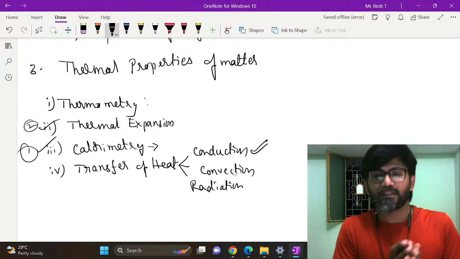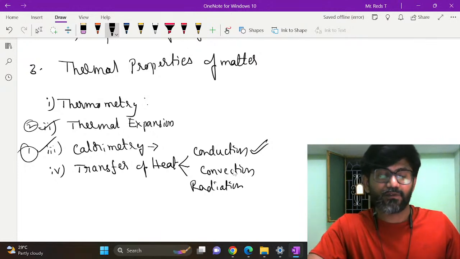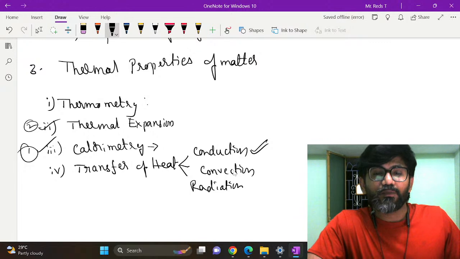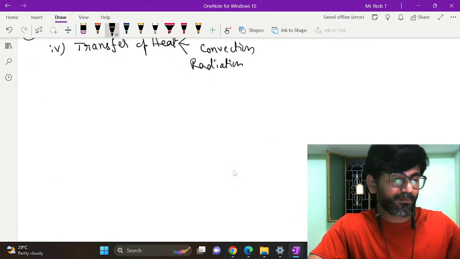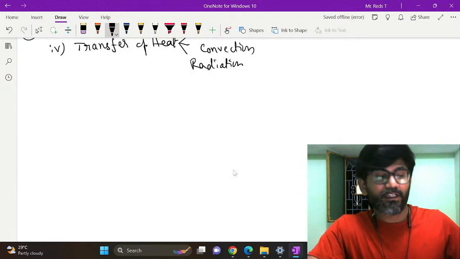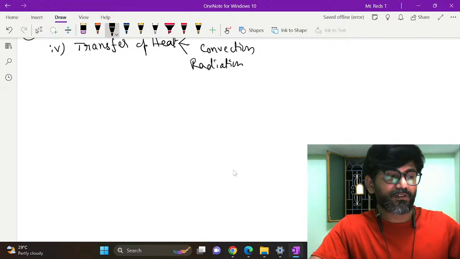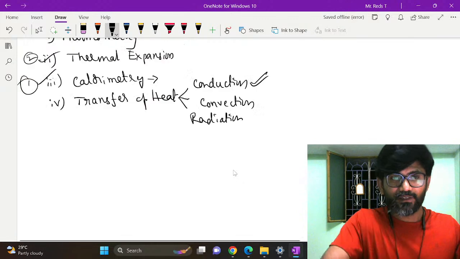At least if you go through the conceptual part, it will help you in answering some questions. This is the heat and thermodynamics part. The next one is mechanical properties of solids and fluids. After that, let us go through the oscillations and waves part. Mechanical properties of solids, the fourth one.